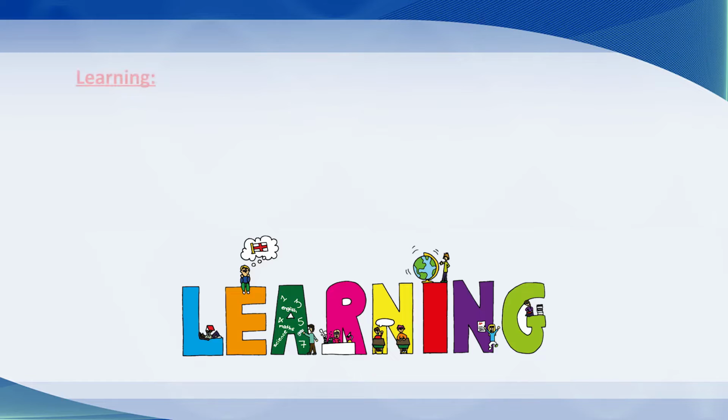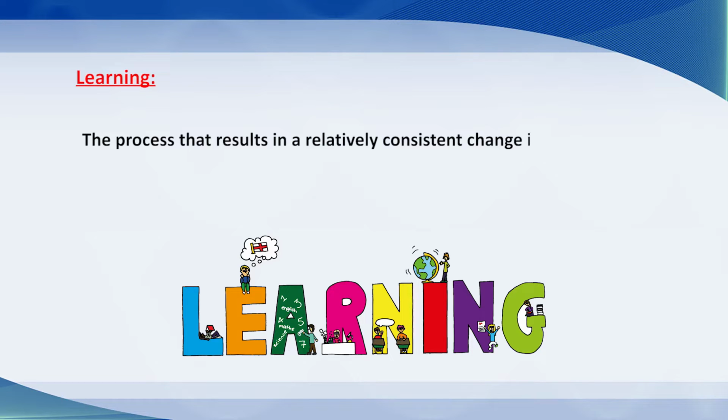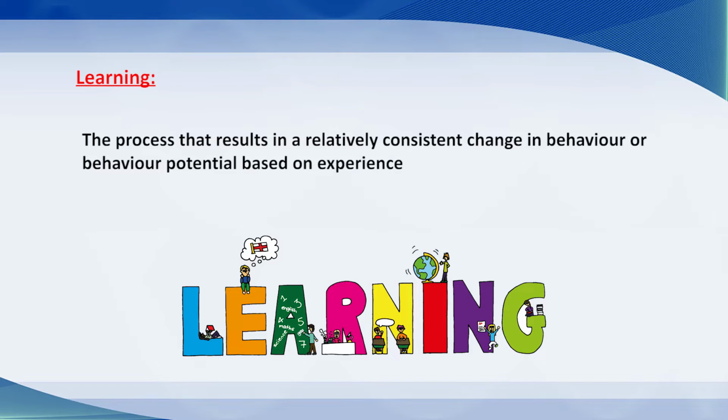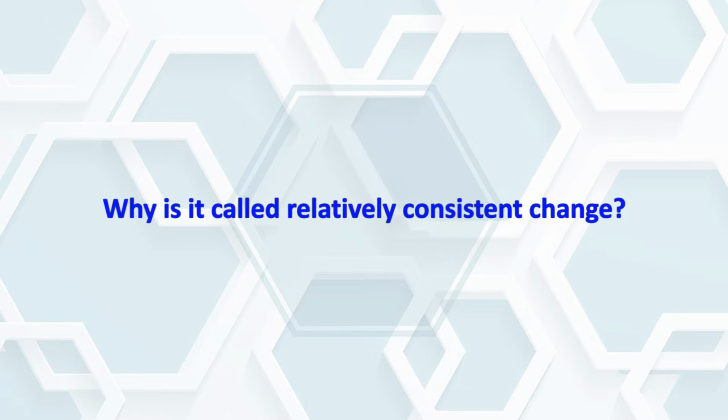Before getting into the theories of learning, the concept of learning should be well understood. Learning is defined as a process that results in a relatively consistent change in behavior or behavior potential based on experience. Why is it called relatively consistent change?